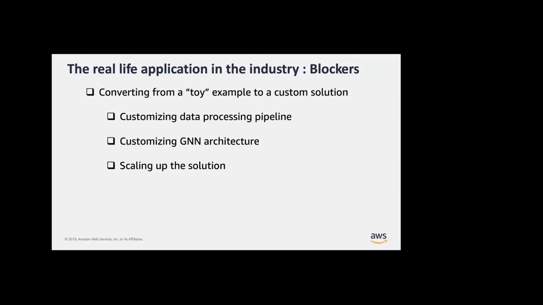There are basically 3 pain points. One is customizing the data processing pipeline, two is customizing the graph neural network architecture, and the third is scaling up the solution. We can take a look at them one by one.